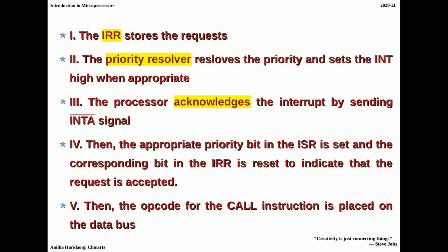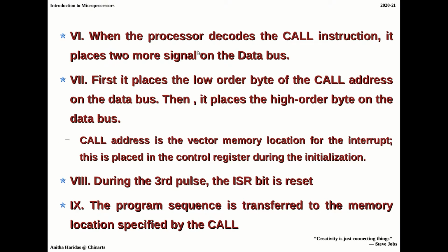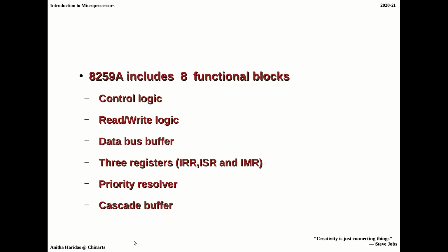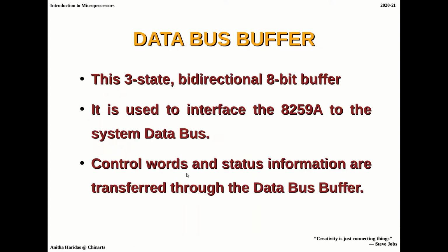I hope all of you remember that the processor will be placing the low order byte as well as the high order byte on the data bus. Also the call instruction will be placed on the data bus. So the data bus buffer will be storing all these control words, the status information, the address, everything will be transferred through the data bus buffer.